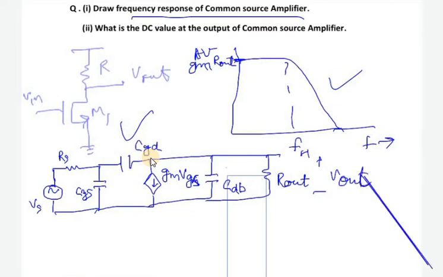So now we need to find Vout by Vs or Vout by Vin. So I am taking two nodes, node 1 at the input side and node 2 at the output side, because this is the gate terminal and this is the drain terminal. So I am writing the equation at node 1.